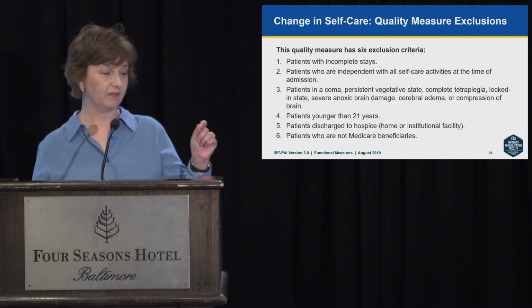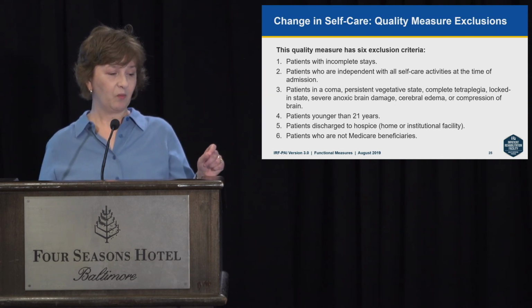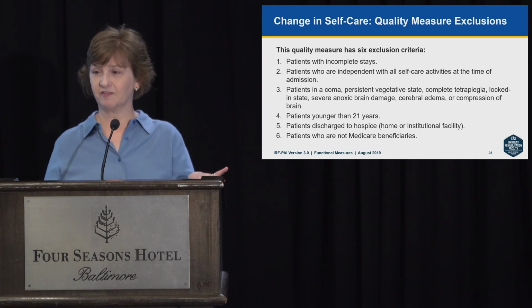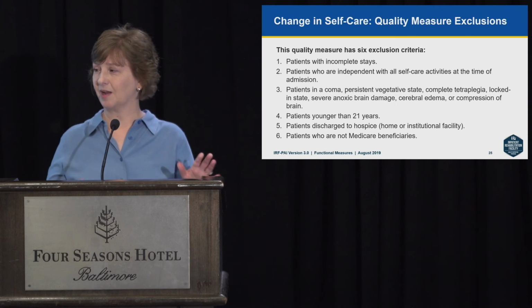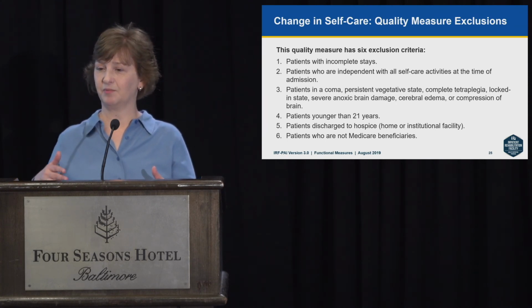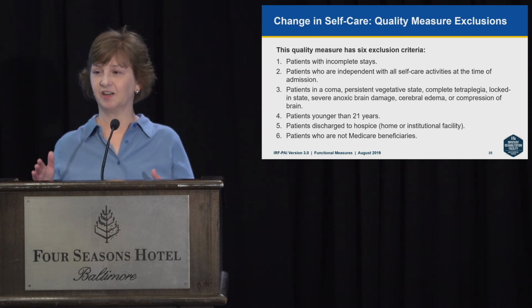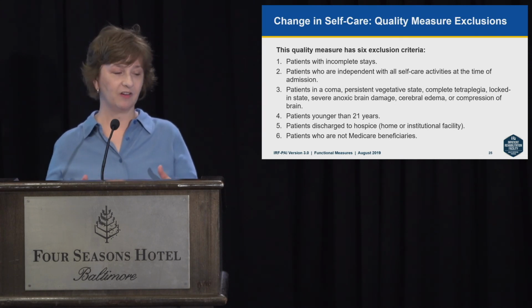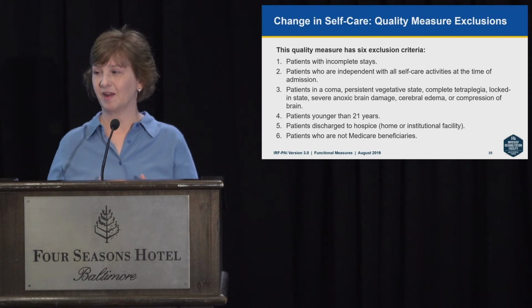As you see in number 3, we exclude individuals who are in coma or persistent vegetative state, because sometimes it's hard to know who might actually recover and be able to perform daily activities. Again, there are these exclusions based on input from expert panels.